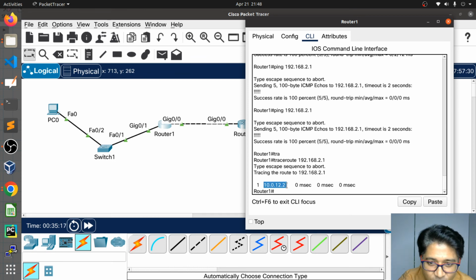He's telling, bro, your source is not the 192 series. Your source is 10.12.2 because whenever you are pinging me, you are becoming 12.1. You are not pinging me as a 192 LAN.